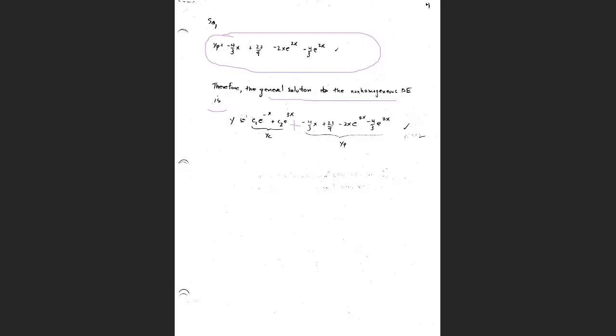So, here's the particular solution. And so the general solution to the non-homogeneous differential equation is equal to the complementary solution plus the particular solution. And that's what you would type in WebAssign.